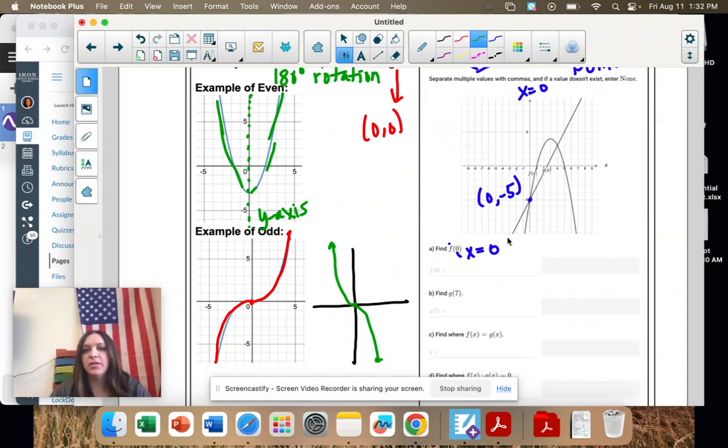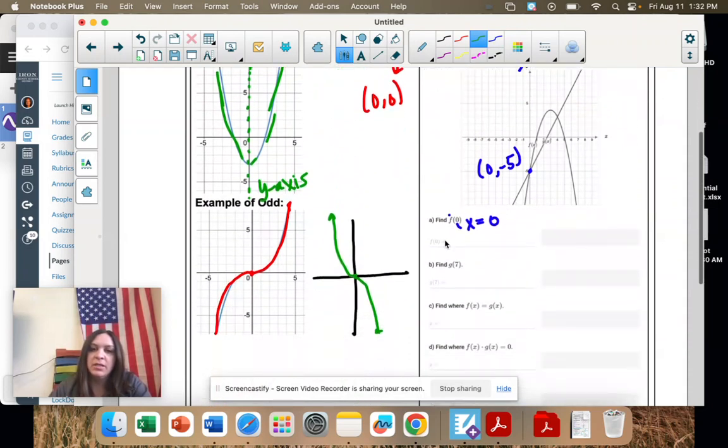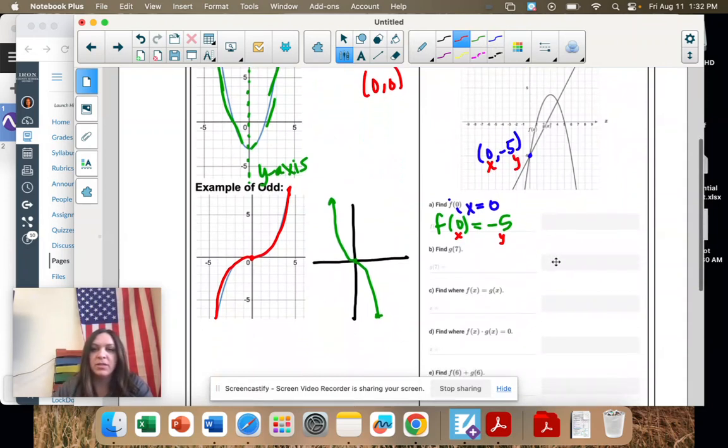So remember, f of x equals y. So if 0, f of 0 equals -5. These are going to make an xy point. Those match. That's how you do function notation.